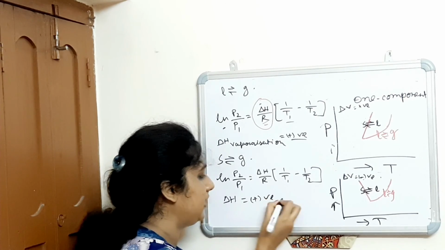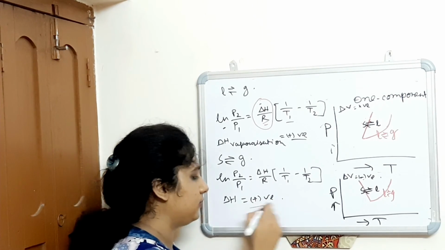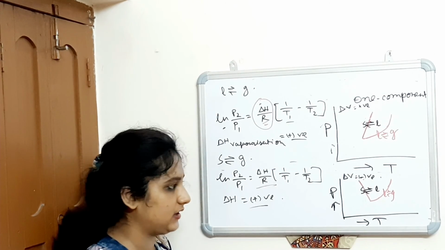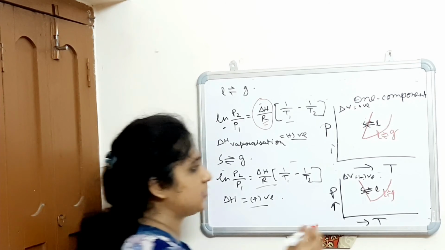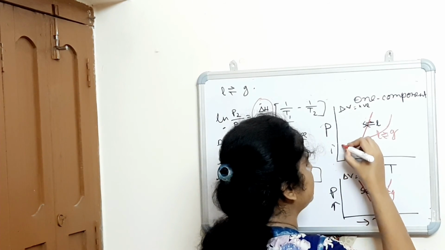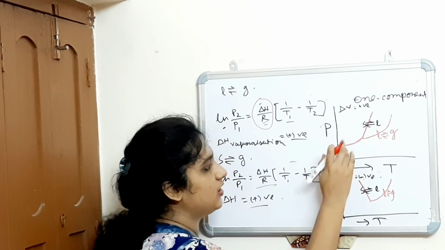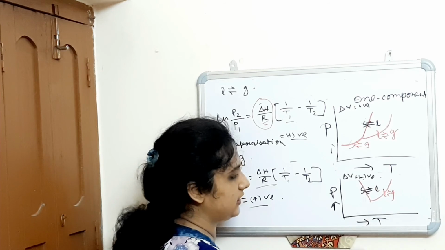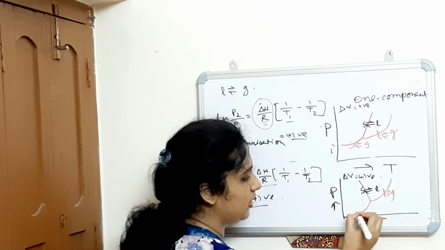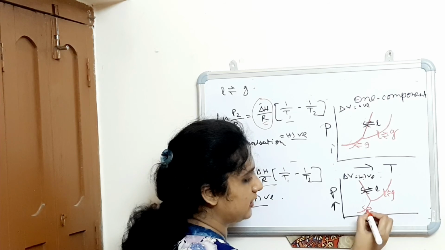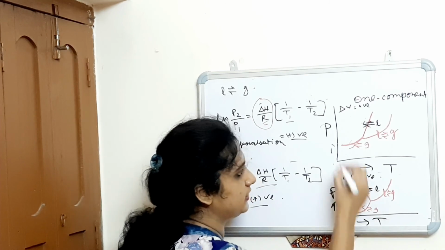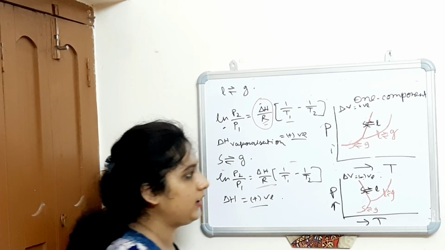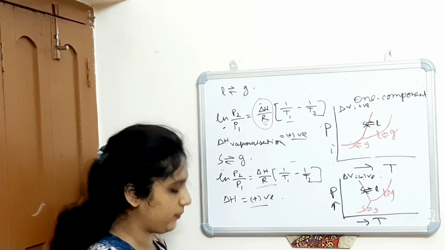That means the slope of this curve is positive, and the nature of the curve is exponential. The solid gas curve is an exponential type curve, in the upward direction, because the slope is positive.